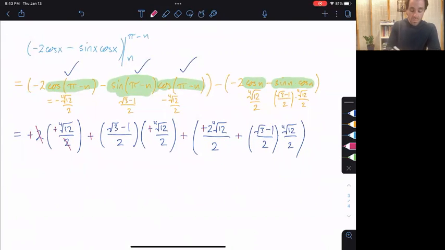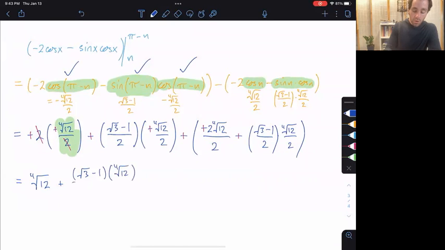So now I can write this as fourth root of 12. That's that part, plus, let's see, root 3 minus 1 times fourth root of 12 all over 4, because that's 2 times 2. And then plus, well, this is over 2. Oops, no, wait, that's a reduction that could happen as well. So 2 and 2 can reduce.